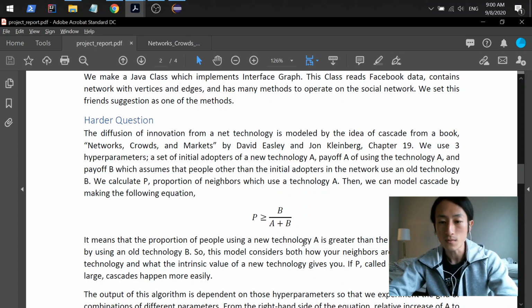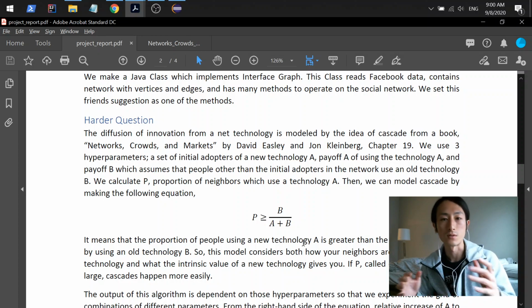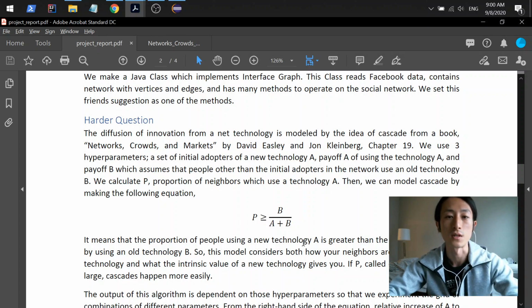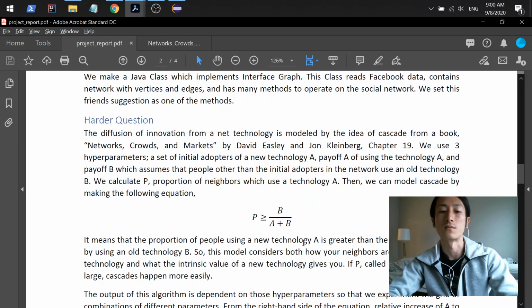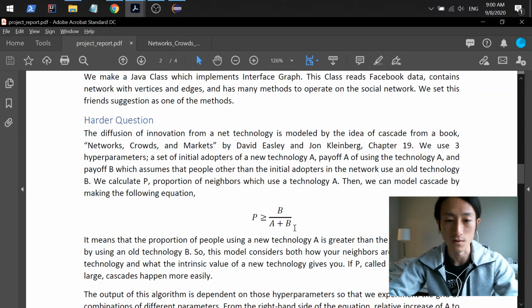So this algorithm is not only looking at how your neighborhood is reacting to the new technology, but also at the value of using the new technology. I think this is intuitive, right?